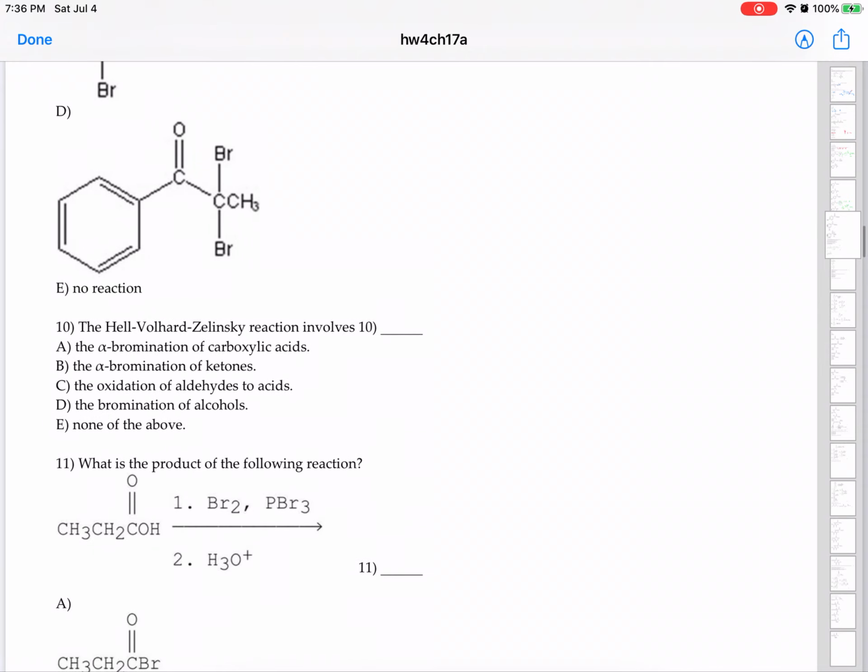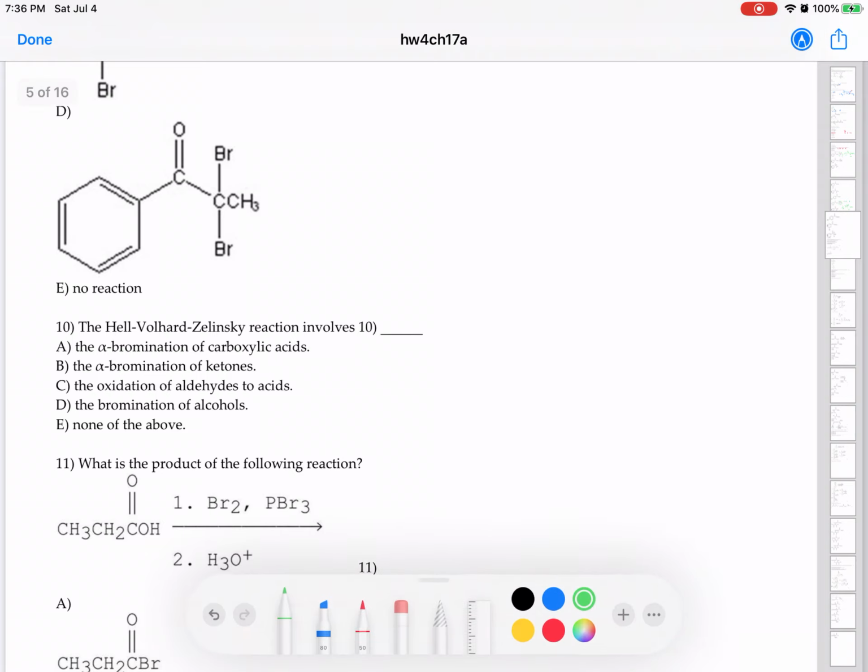And then the next one, the Hell-Volhard-Zelinsky reaction. What is that reaction? So we talk about the Hell-Volhard-Zelinsky reaction in slide 18. I'm giving you the slide so you can refer to the lecture notes to understand further.